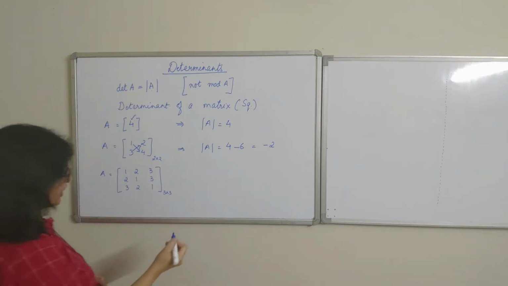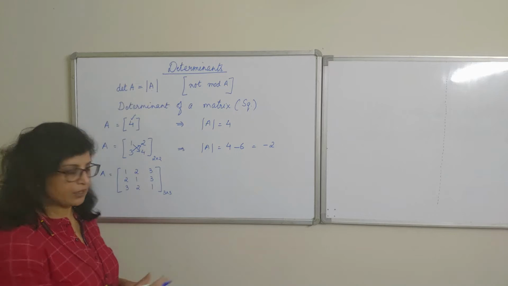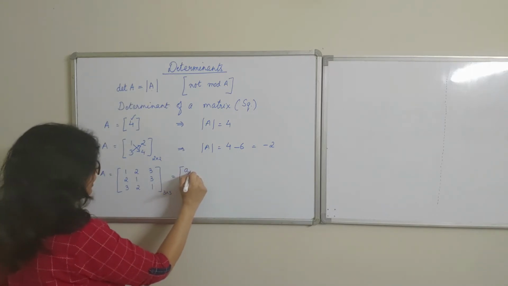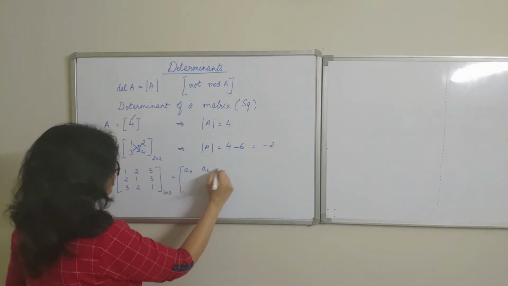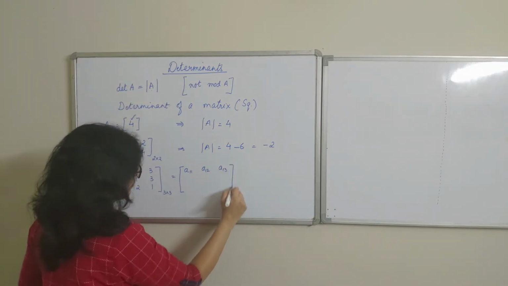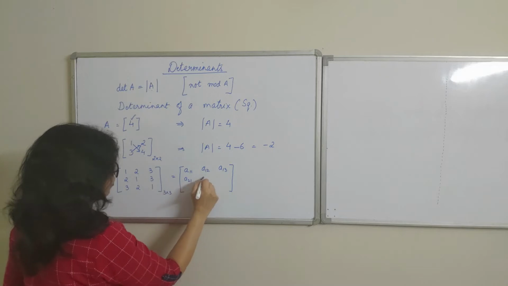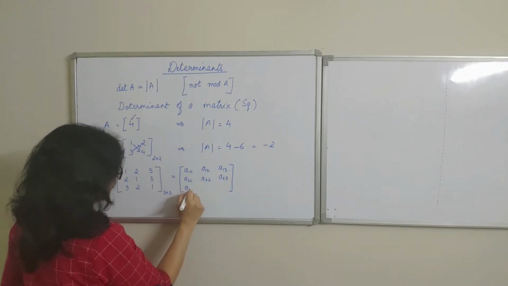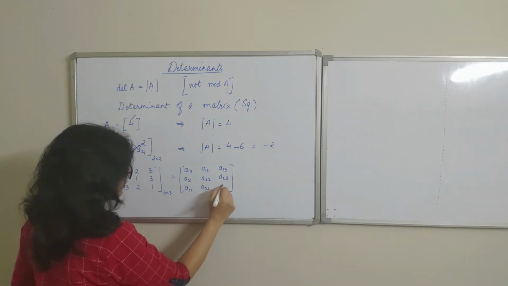So now to understand how to find out this determinant, I'll just write down the matrix in its elementary notation like this. The second row elements and the third row elements.